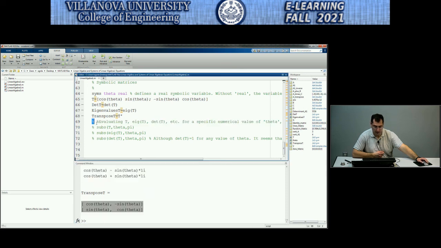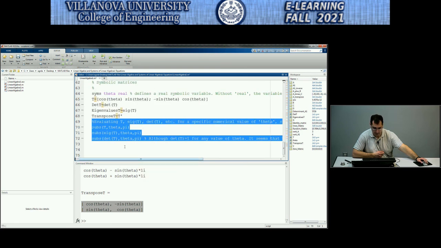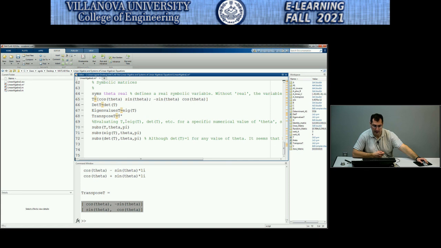You can also evaluate the matrix at some values of theta. So evaluating T, eigenvalues of the matrix T, determinant of T, at a specific value of theta. We've done that before. This is done through the subs command. So I'm implementing subs command. In the expression for T, I'm going to replace theta with some value of my choice.